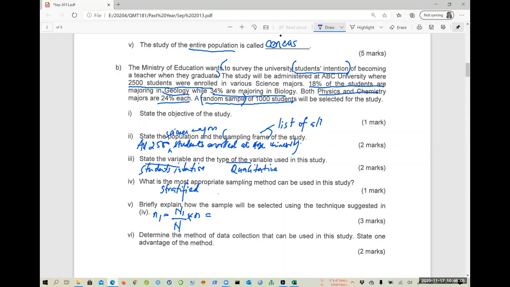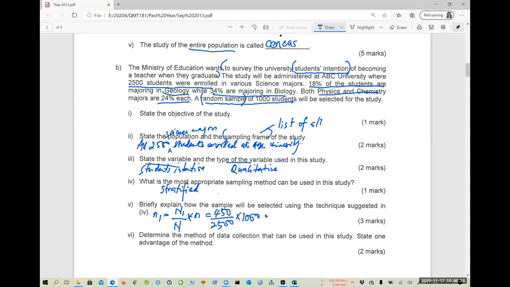You don't have to do this actually, because you already have it in the form of a percentage, right? So what you can just do is simply multiply the 18% with the random sample of 1000. So 0.18, or you can just use this one: 450 divided by 2500 and then multiply by 1000.